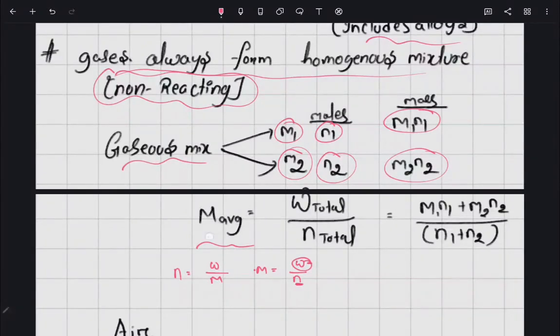The same thing is written here: M average is equal to total mass divided by total moles, which is M1 N1 plus M2 N2 divided by N1 plus N2. And how did we get mass? We know mass is equal to mole into molar mass. Mass means given weight. So the same formulas we are applying everywhere, which we learned in our previous lecture.